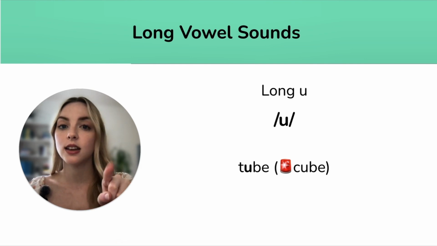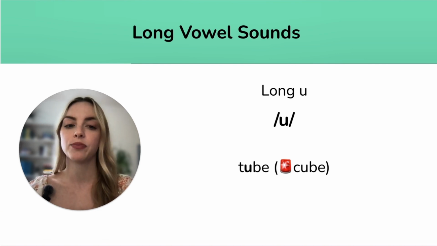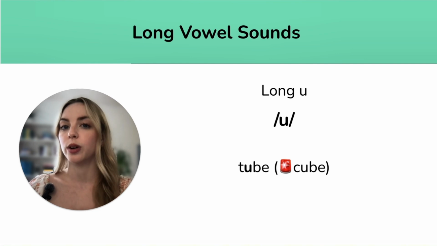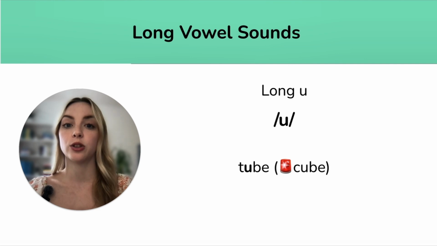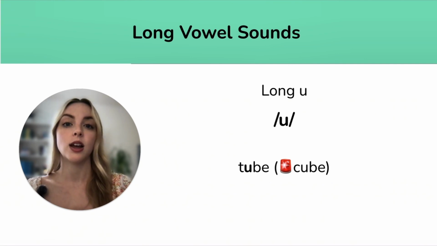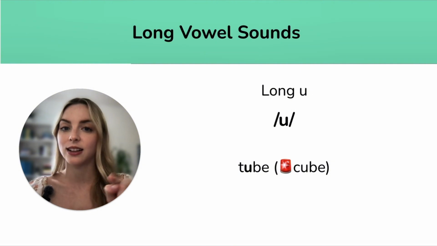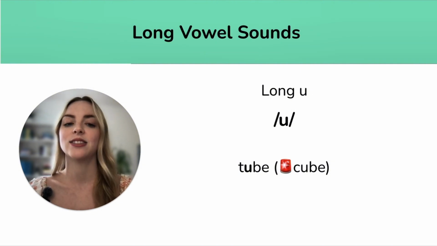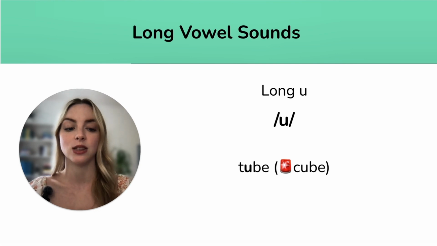Here, this sort of glide, which we'll learn later, before the oo sound, cube. Often if you see a word that looks like tube, it could be pronounced like tube, or it could sound like cube. But don't worry, you will learn also the IPA symbol for that glide sound, and you'll be able to see the difference if you look up these words.